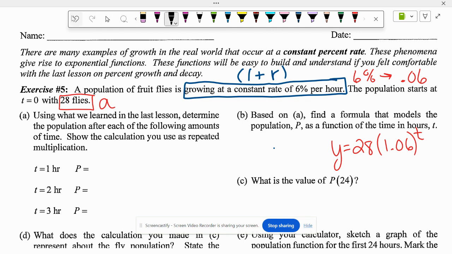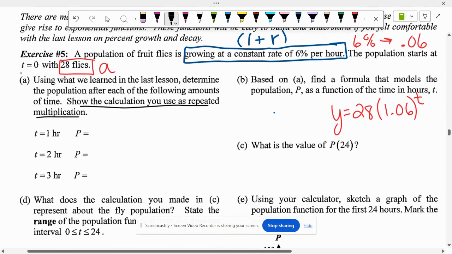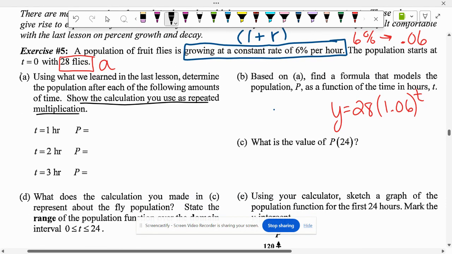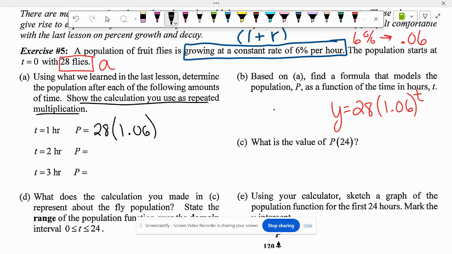Let's talk about how to represent this using repeated multiplication, because that kind of is a weird question, and you have something like this in Delta Math on Monday. So we started with 28, and each time we're going to multiply by 1.06. So if t is to the power of 1, how many times am I multiplying by 1.06? That's my exponent. Just one time, right?